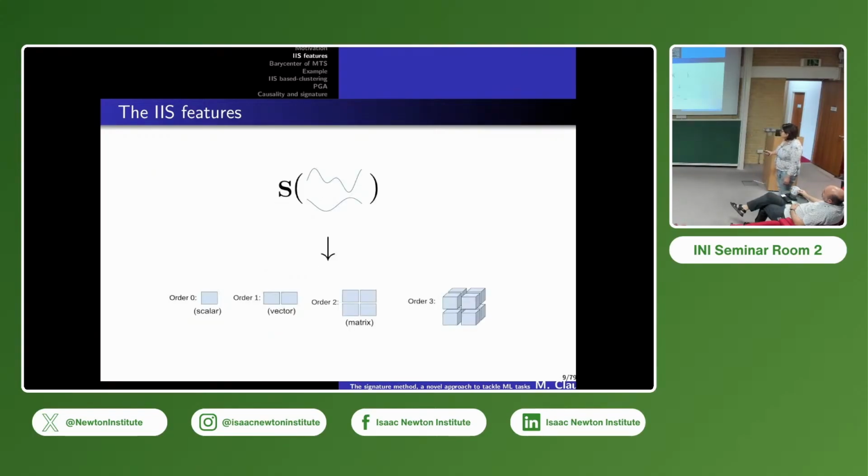Okay, so here, very important point: have in mind that as order increases, it could really be a burden to store the signature. For example, if you are considering order 4 or order 5, 6, even for a 10-component multivariate time series, you will have a lot of coefficients to store.